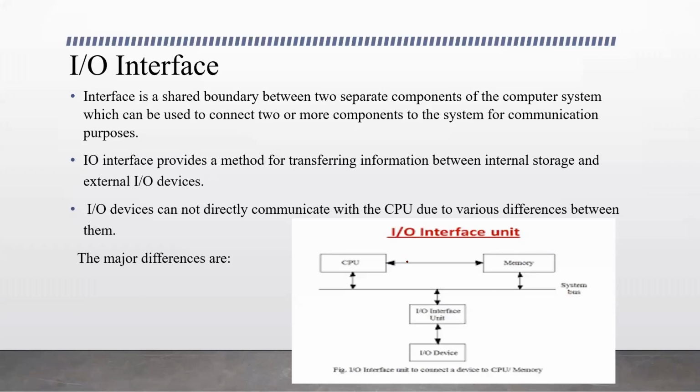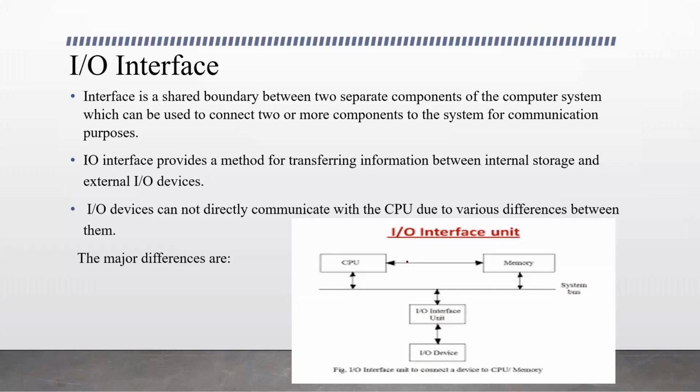We need this interface unit in between because the internal components and the I/O components are different in their operating speed, their mode of operation, and the data formats used.